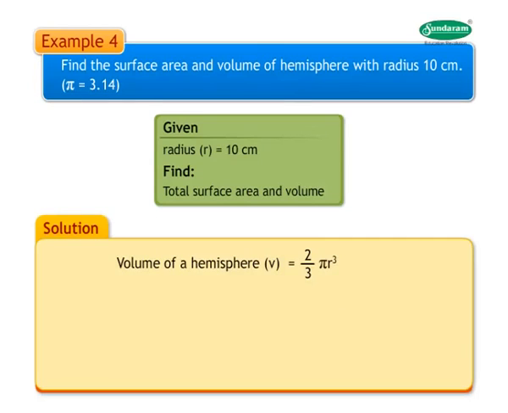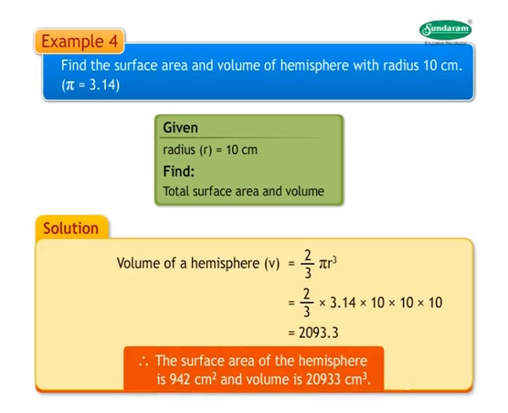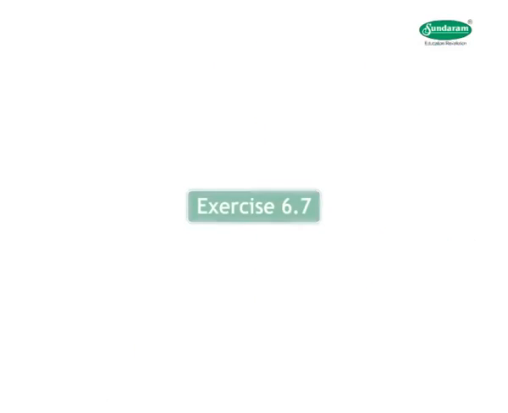Volume of the hemisphere is equal to 2 upon 3 into pi into r cube, which is equal to 2 upon 3 into 3.14 into 10 into 10 into 10, which is equal to 2093.3. Therefore, the surface area of the hemisphere is 942 centimeters square and volume is 2093.3 cubic centimeter. Let us solve exercise 6.7.